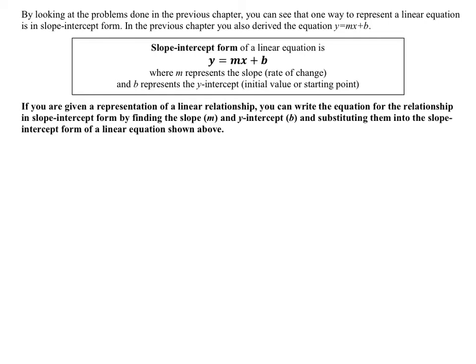If you're given a representation of a linear relationship, you can write the equation for the relationship in slope-intercept form by finding the slope and the y-intercept, and then replacing those values in the equation with the values that you found. That's what makes this so incredibly convenient.